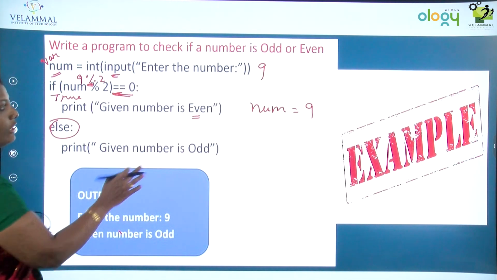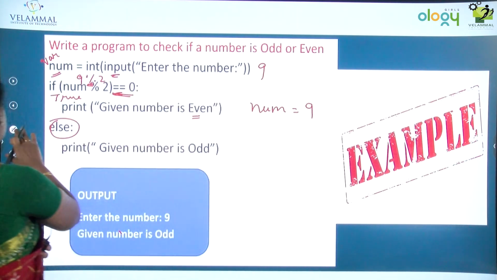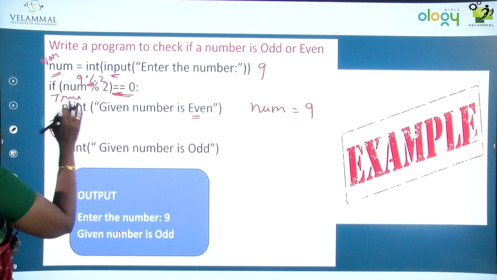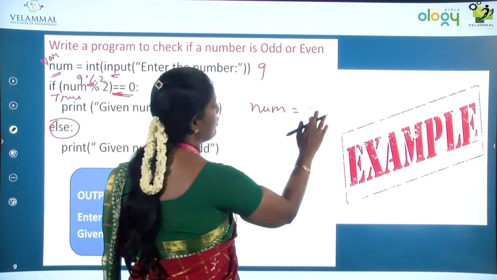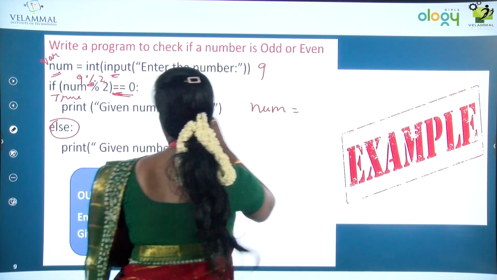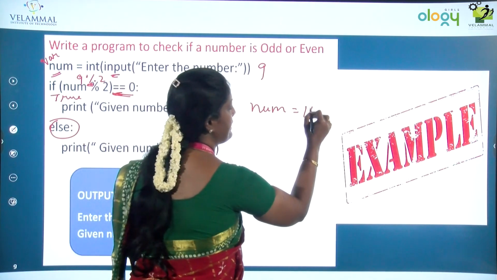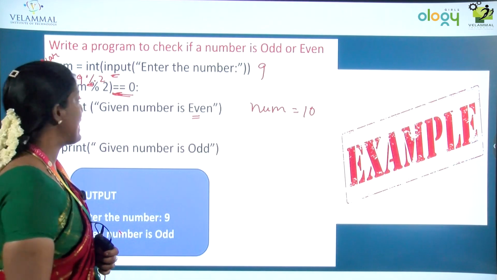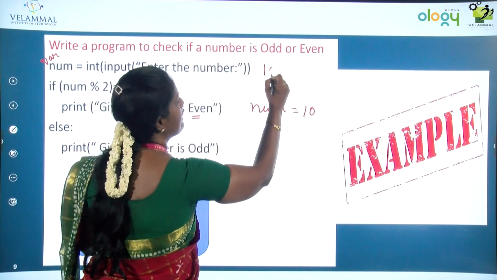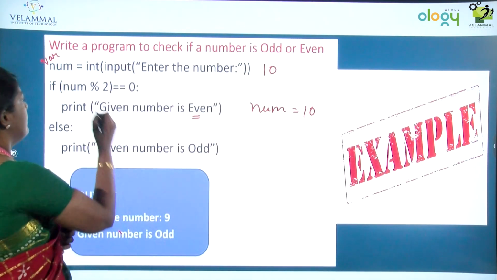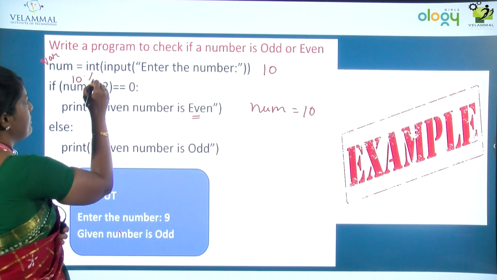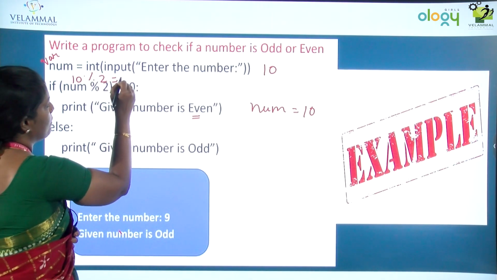I hope you understood. Let me take another number and show you. We'll see a demo also on that. If my number is going to be 10, how will it check? 10 modulus 2 double equal to 0, or not?